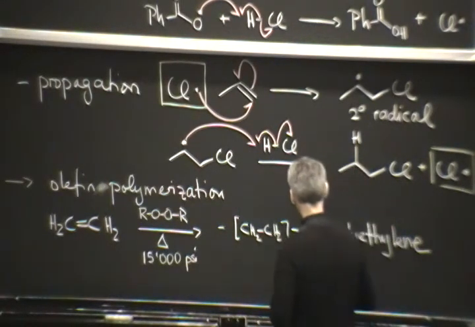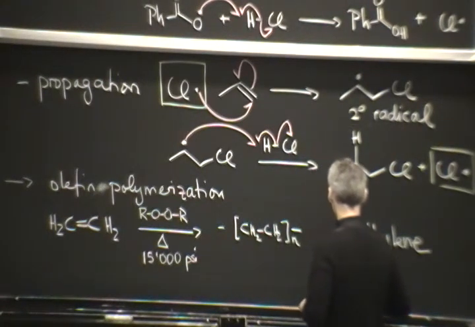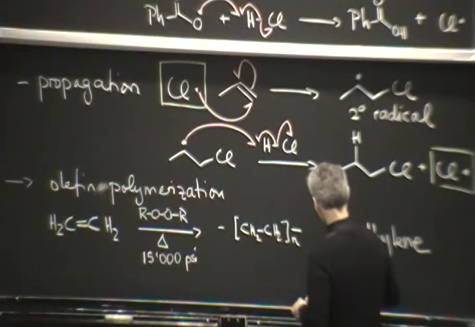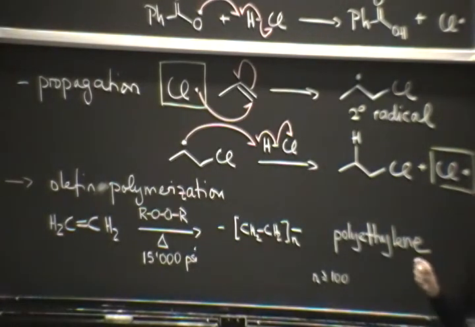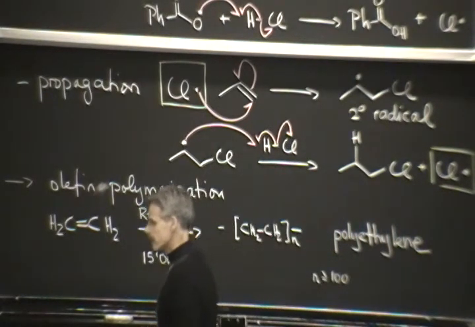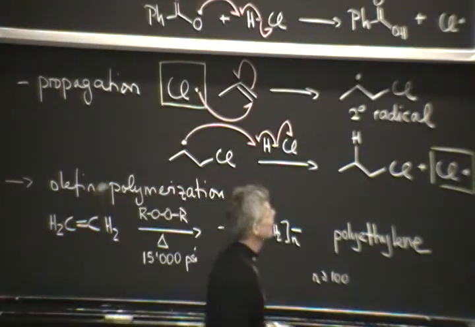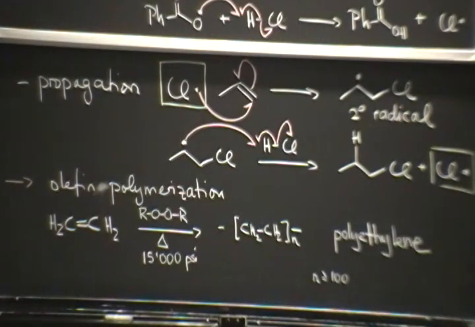And n is pretty large, so n can be 100 or more different ethylene molecules, and so they interact and form this tractable polymer that can easily be injected into all kinds of shapes, and it also can be nicely extended. So again, the mechanism is that of a radical polymerization.